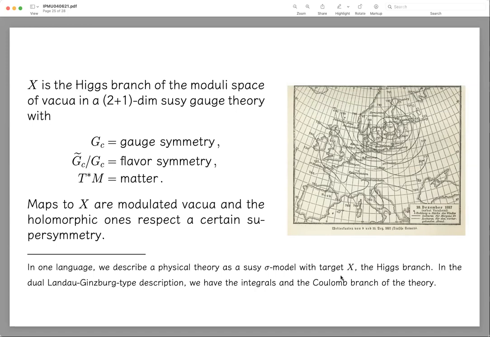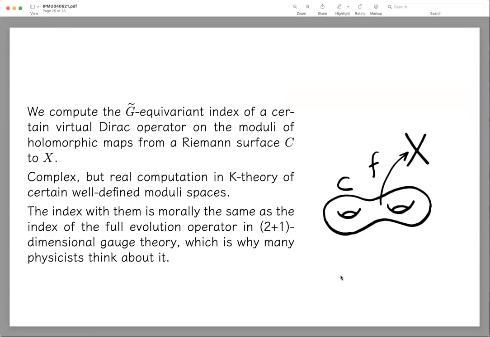Since our moduli space X is holomorphic, we can study holomorphic maps, and those now form finite dimensional manifolds. We compute some index or K-theoretic computation on some finite dimensional, maybe very singular, varieties. What we really compute is the index of a certain virtual Dirac operator on the moduli space of holomorphic maps from a Riemann surface to X.